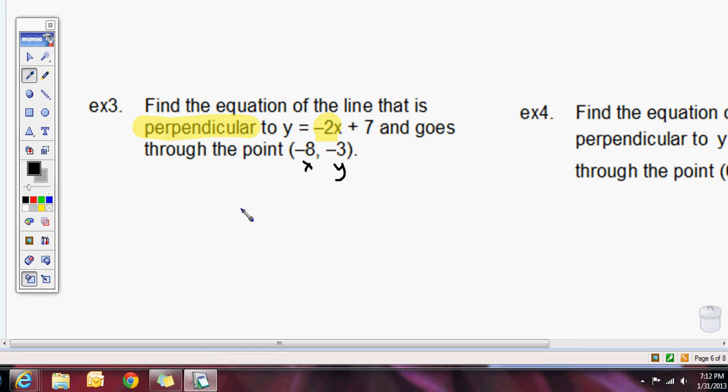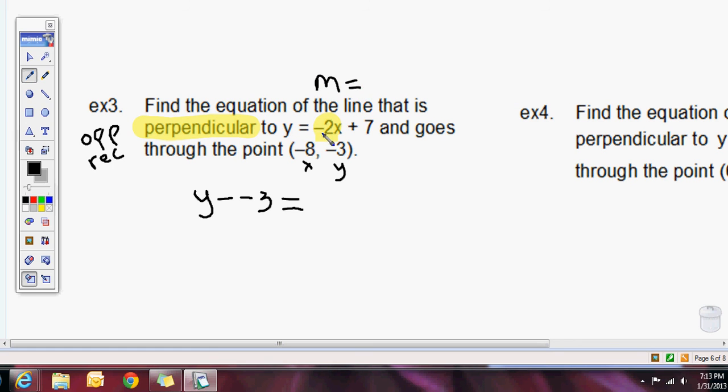Alright, so we always start with point-slope form. So we're going to start with y minus, what's our y, is negative 3, equals, our slope, this time it's perpendicular, so it's not going to be the same slope. It's going to be opposite reciprocal. So you got to flip it. So if we do the opposite reciprocal, our slope of this line is not going to be negative 2.